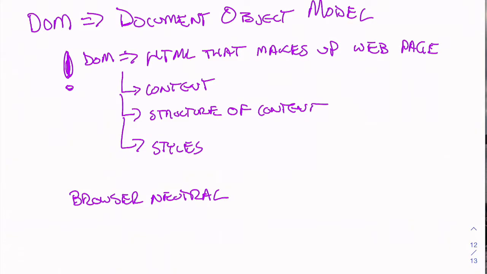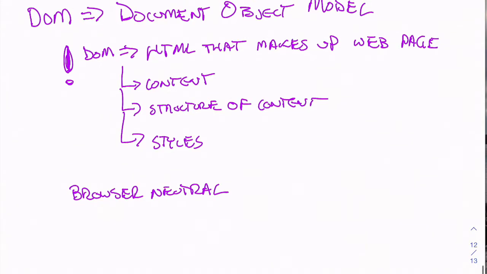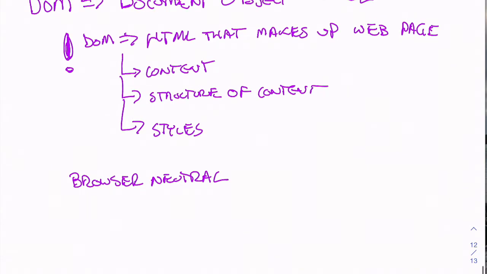All right, so let's talk about a few components of the document object model. The way JavaScript views a document is that it consists of a bunch of different objects.